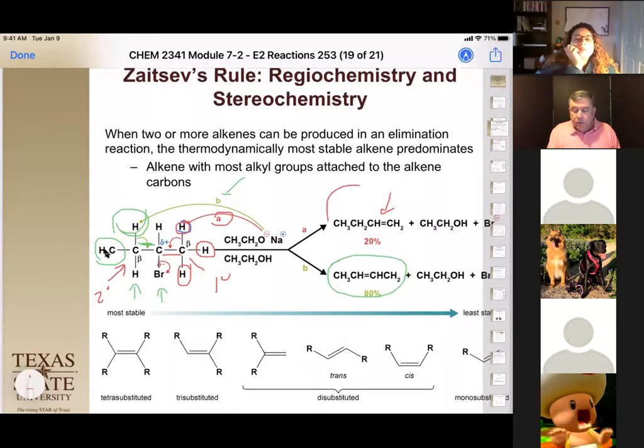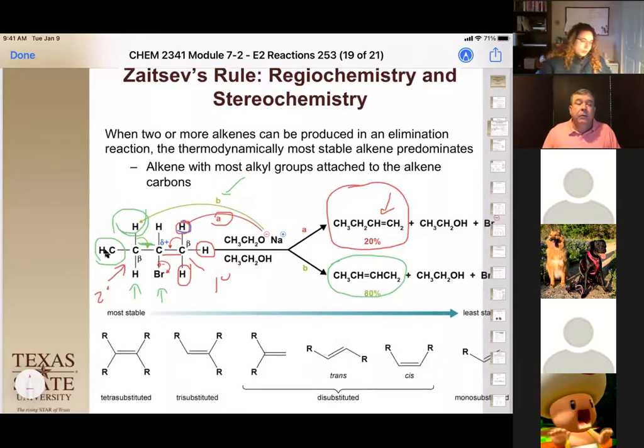And what we see is that in the case of our elimination reactions, it's going to try and be the major product to remove the hydrogen from the higher priority carbon. So a secondary beta hydrogen or a tertiary beta hydrogen.